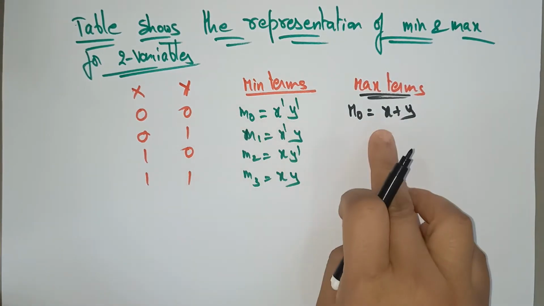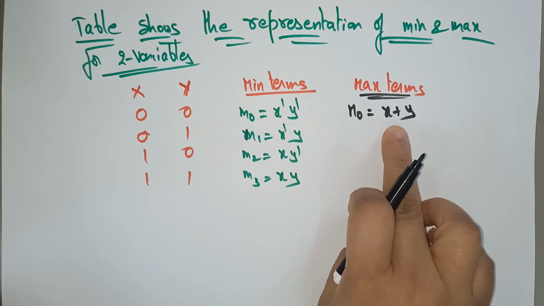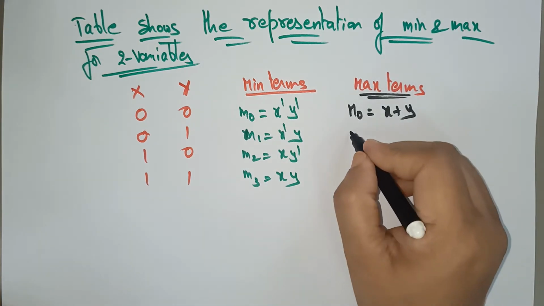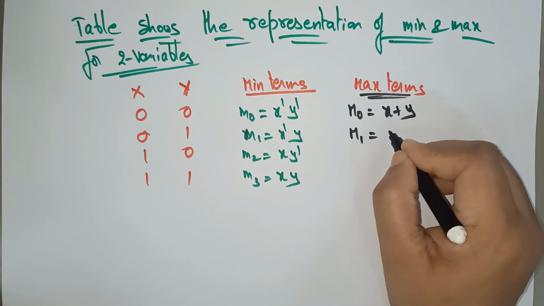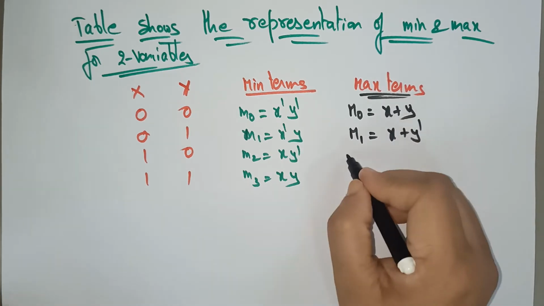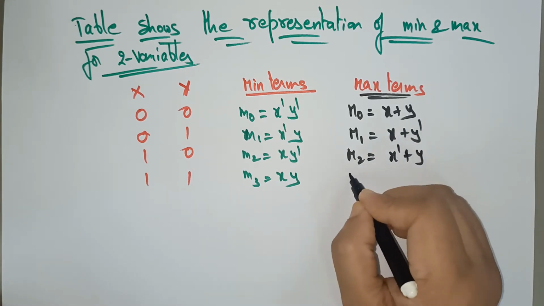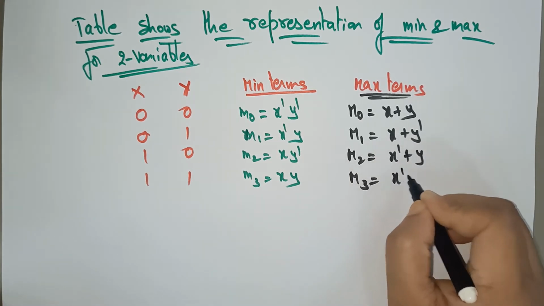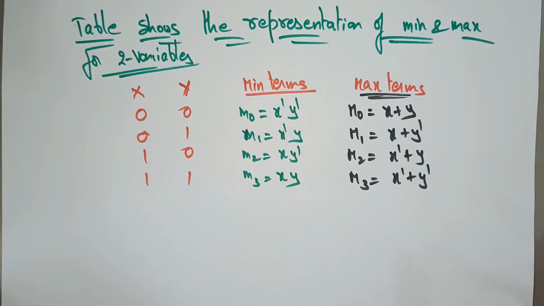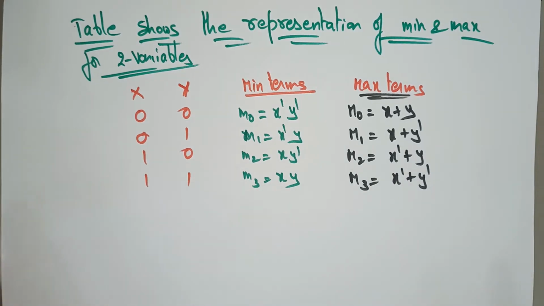This is a product term and the max term is a sum term. So that's why I have taken it as x plus y. M1 is x plus y dash. M2 is x dash plus y. And M3 is x dash plus y dash. It's just the complement of the min and the max term. So this is for two variables.